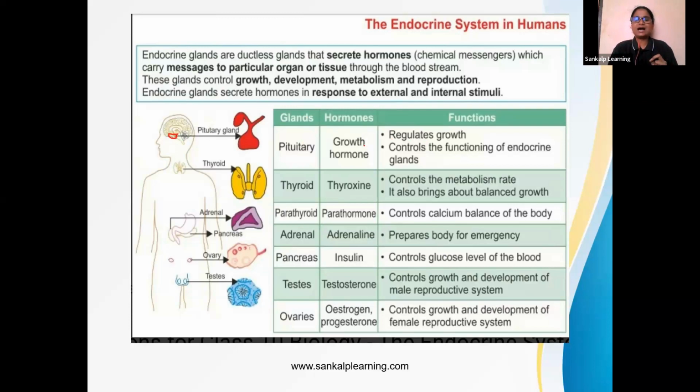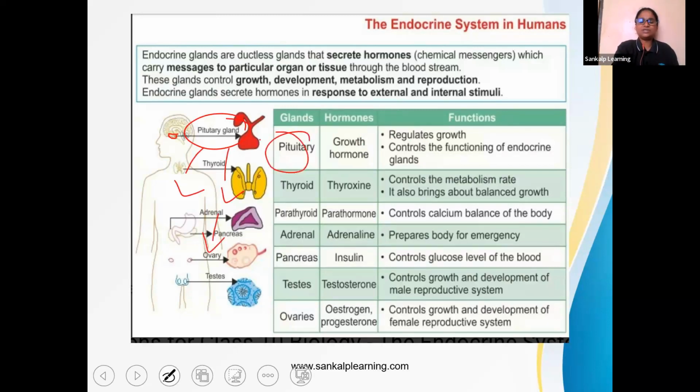It secretes a hormone named growth hormone. What is the function of growth hormone? It regulates growth according to age. It controls the functioning of endocrine glands. This pituitary gland controls the function of all other endocrine glands. That is why it is called the master gland, as it controls the other endocrine glands.